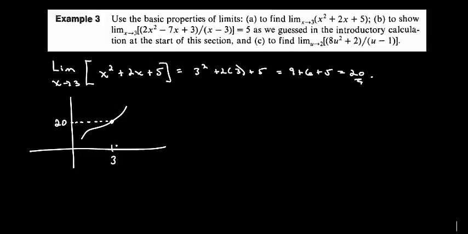That's what we've done. Now it works in this case because this function is continuous around there. But what if I had a function that looked something like this, where this guy was at a height of 5? Now with that open circle there, the limit is 5, although the function evaluated at 3 is 20.